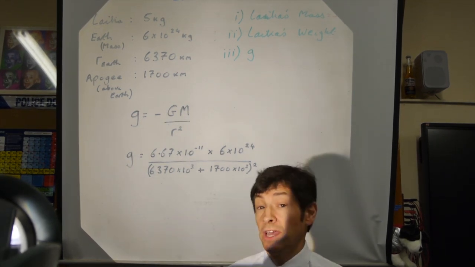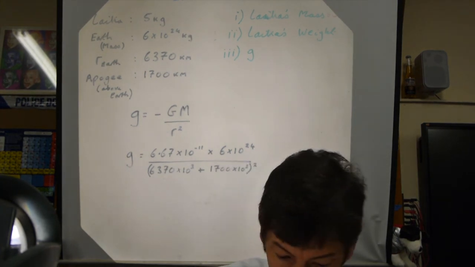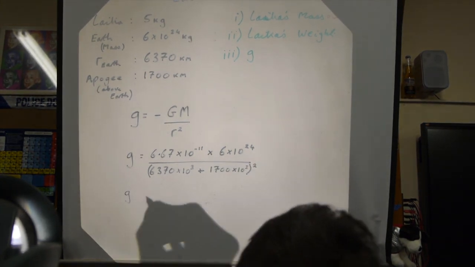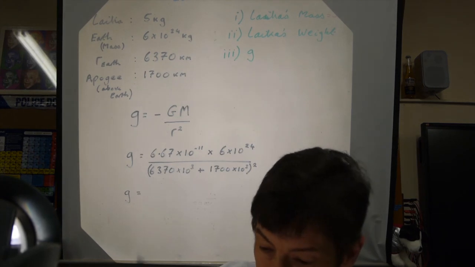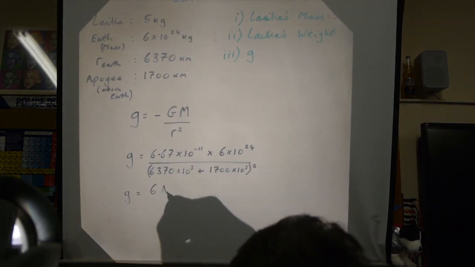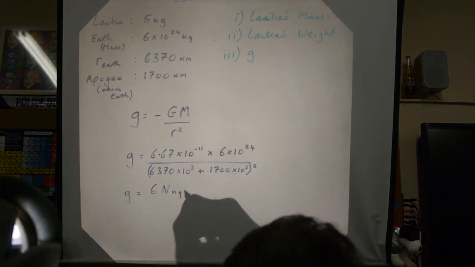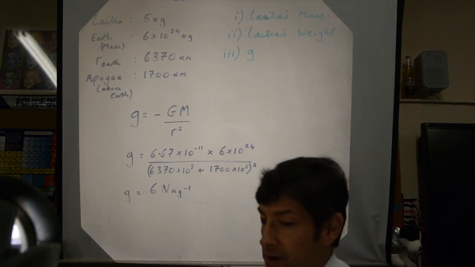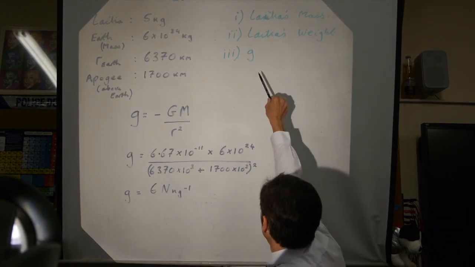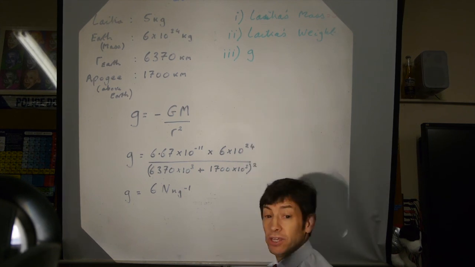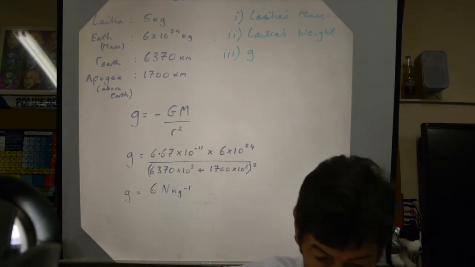Look at your answer and work out if it's sensible. So g comes out pretty much equal to 6 newtons per kilogram. We've got the value of g at her apogee, the highest point in the orbit.